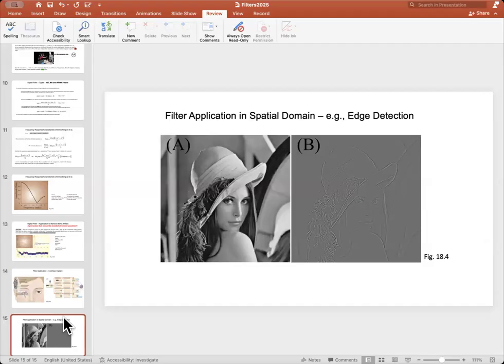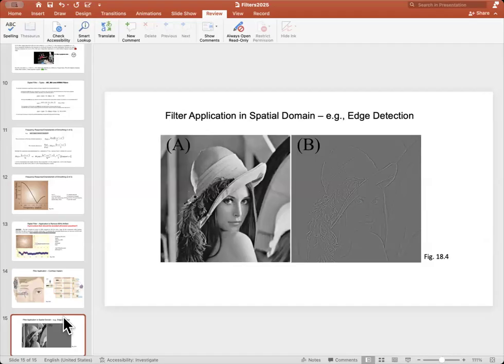In this case, and this is figure 18.4, we used a high-pass filter to go over this picture. As you can see in the results in panel B, the high-pass filter mainly detects the edges, which is what you expect for a high-pass filter, because it looks at sudden fluctuations along the lines of the image.